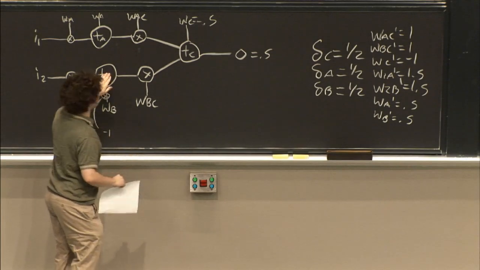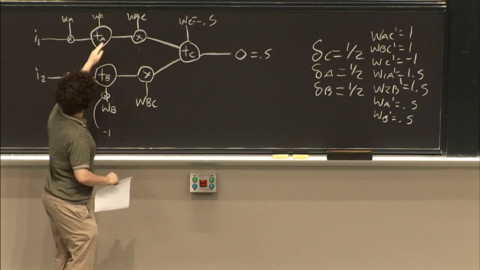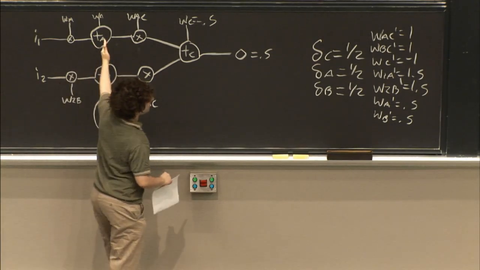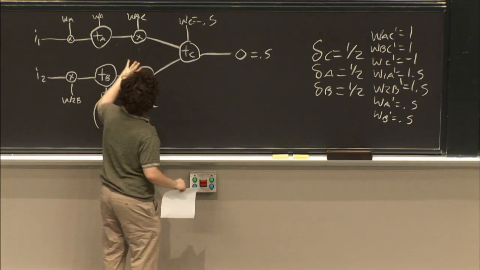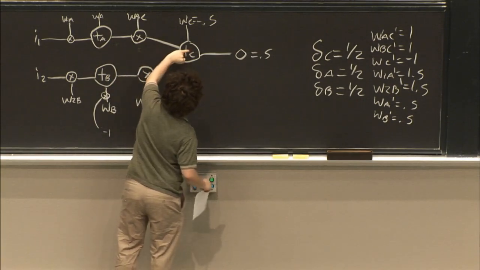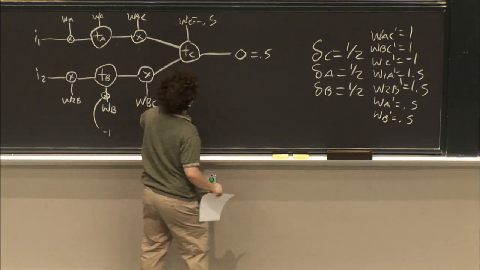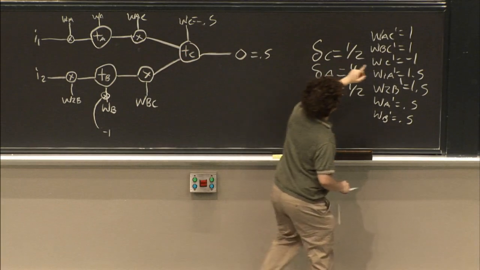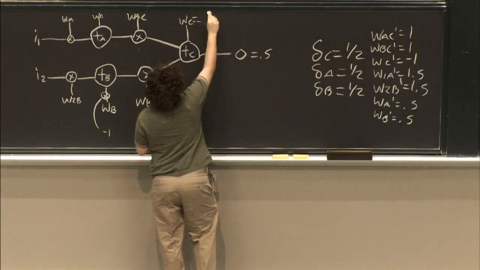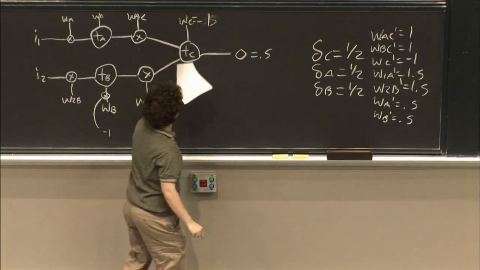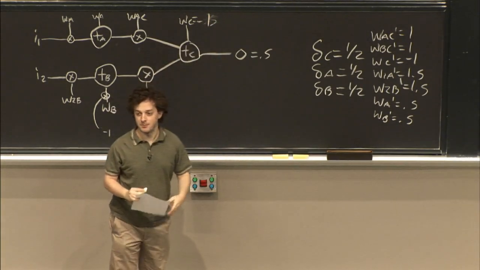We've got another 1 coming in here because it's symmetrical. So a 1 and a 1. 1 times WAC is 1. 1 times WBC is 1. So we have 2 1s coming in here. They're added. That's 2. Then this has become -1, in fact, at this point. So -1 times -1, that's 3. And the output is 3.